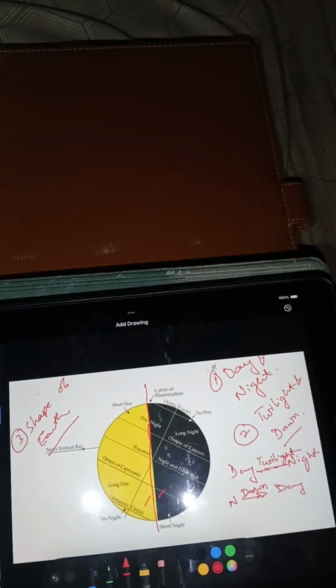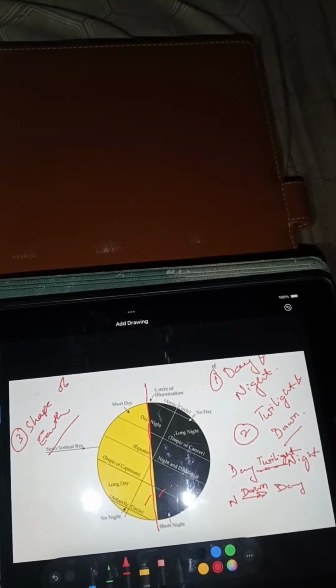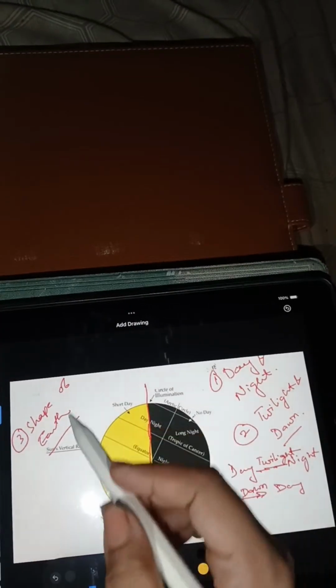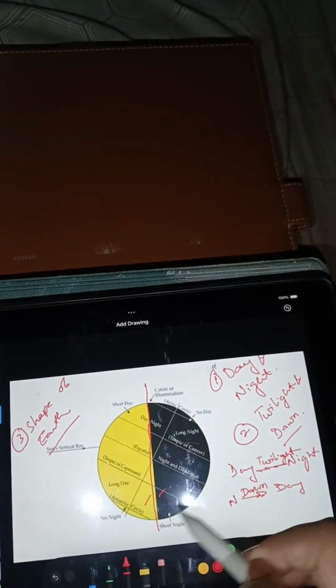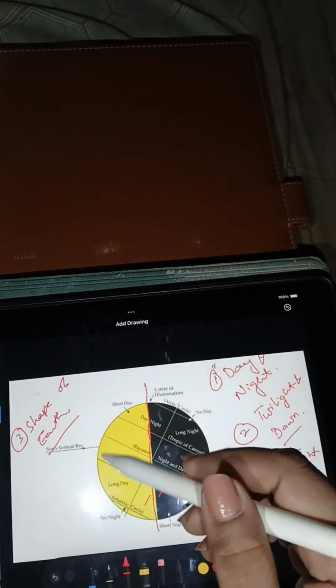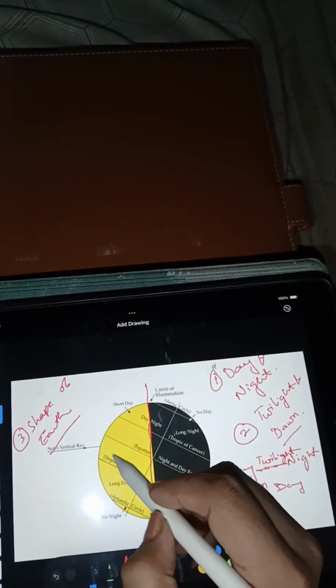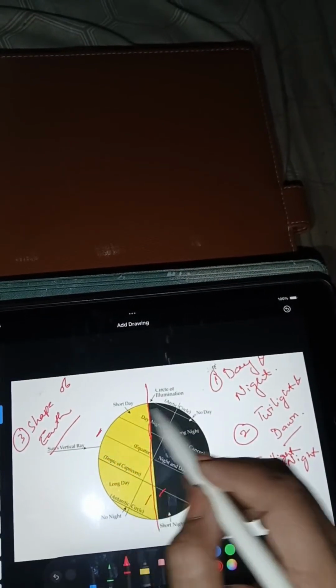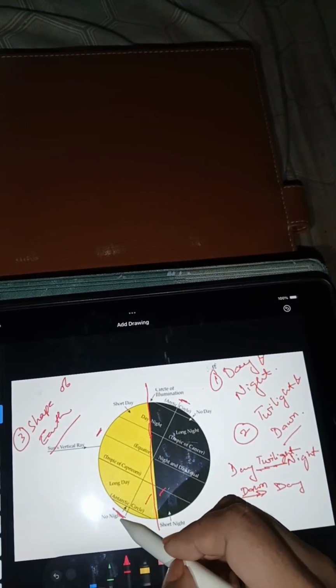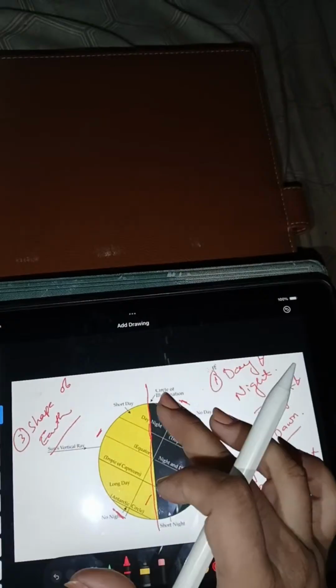Though the exact name of the earth's shape is geoid or spheroid, it resembles a sphere. This sphere is not totally round in shape. We all know that the bulge is more at the equator, and the two ends, the north pole and the south pole, have flattened.